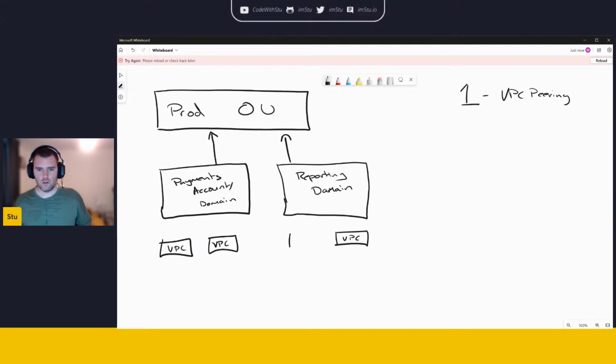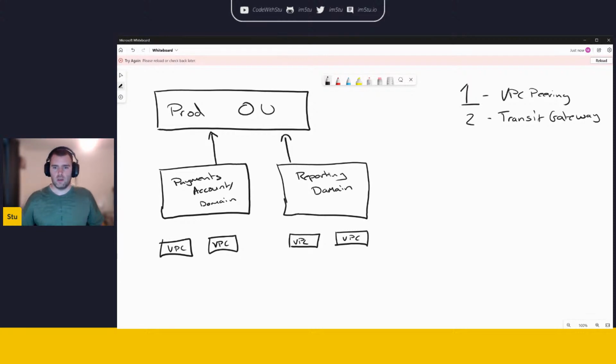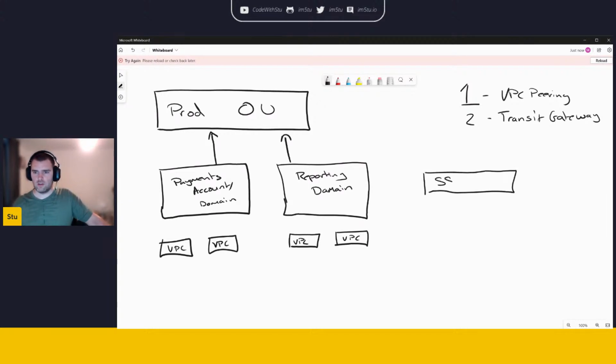Draw that. So option 2 is we use something called transit gateway. And this is what most companies end up with, even when they get to the four AWS accounts that we mentioned earlier. And the way that transit gateway works is this will generally live under the shared services OU in a network services account.